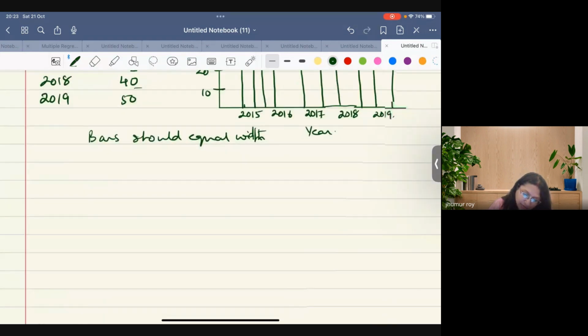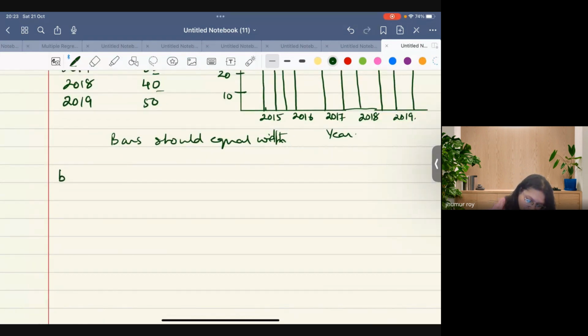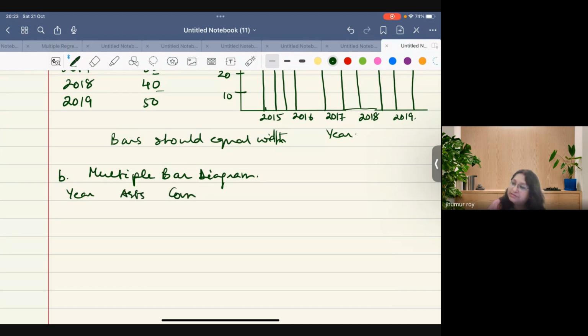So the second one that we have is called a multiple bar diagram. So when we draw a multiple bar diagram, suppose you take arts, commerce, and science. So you're taking students from different streams.